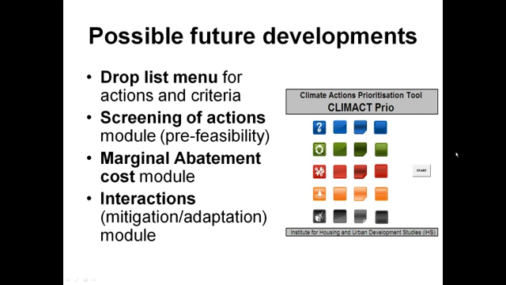we have some ideas, and we have already started some actions to develop additional modules. One is to generate a drop list of actions and criteria, where actions and criteria are integrated in the tool by default.